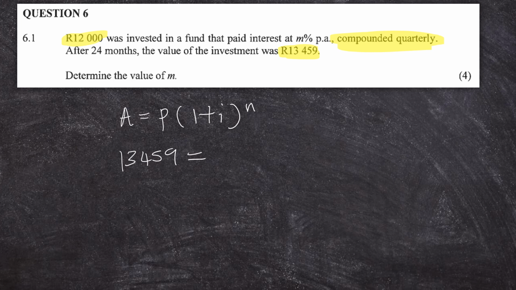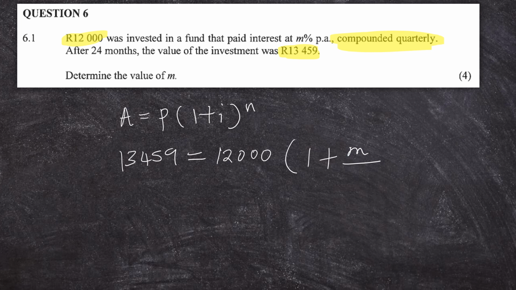Then P represents the amount that was deposited or invested, which is what? 12,000. Okay, 1 plus. We do understand that our interest is now represented as M%, right? Which is compounded monthly. So our interest is M, and this is compounded, sorry, not monthly, quarterly.